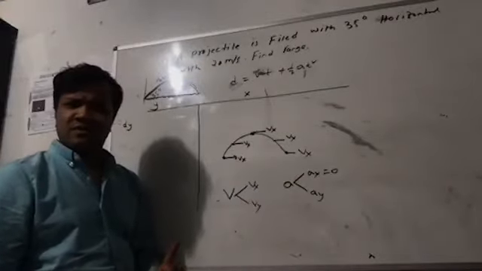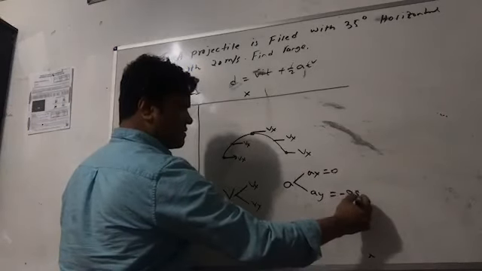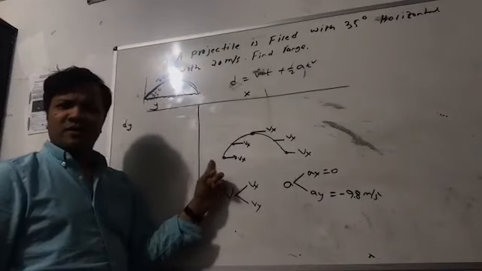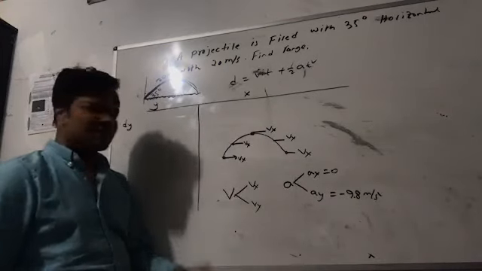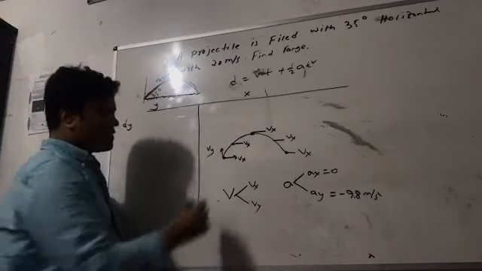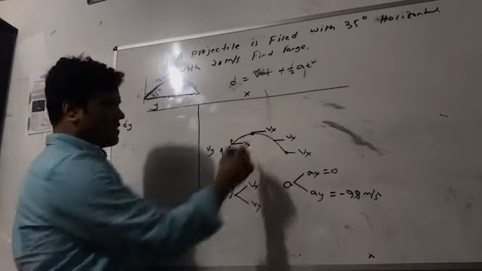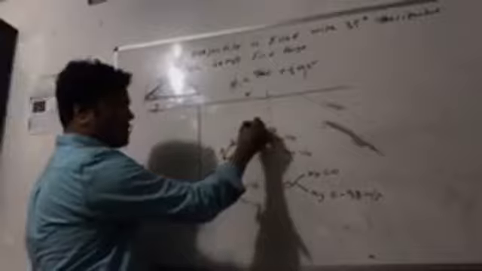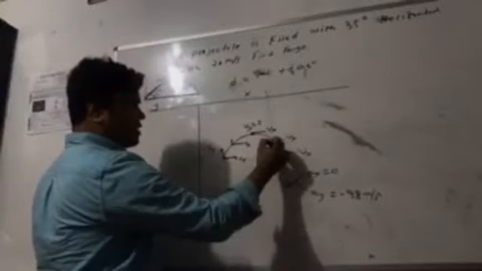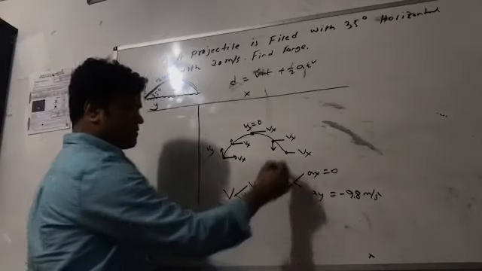But acceleration in the y component is negative 9.8 meters per second squared. How will that affect the y component of the velocity? The y component of the velocity is getting smaller and smaller, and here the y component of the velocity is 0. And right here the y component of the velocity is equal in magnitude but opposite in direction.